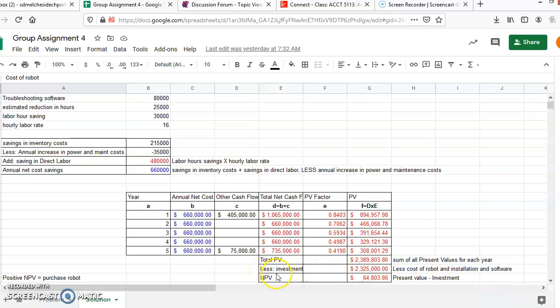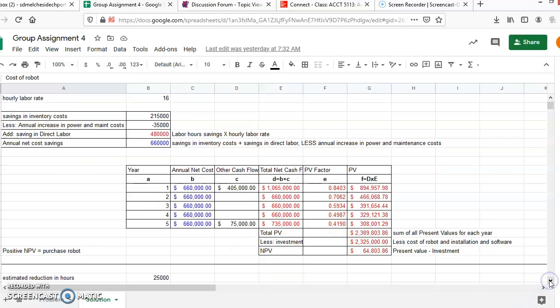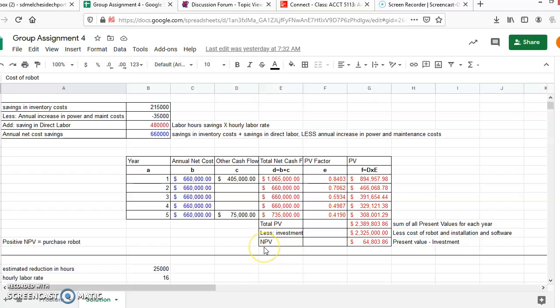When we subtracted investments, we took the cost of the robot, installation, and software, which added up to $2,325,000, and we were left with the present value minus investment, which was $64,803.86. That gave us our NPV, a positive net present value.